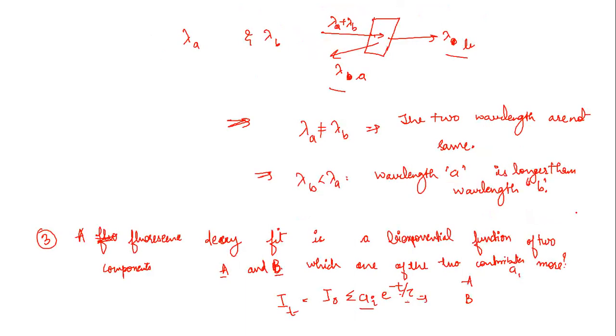Now let's go back to what question we were asked. The fluorescence decay is a bi-exponential function of two components A and B, which one contributes more to the total intensity?